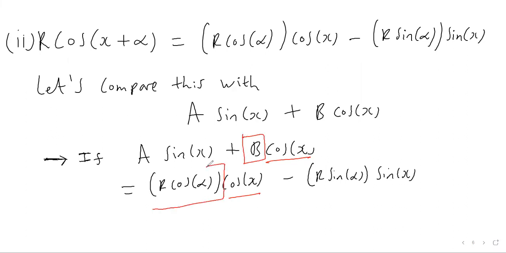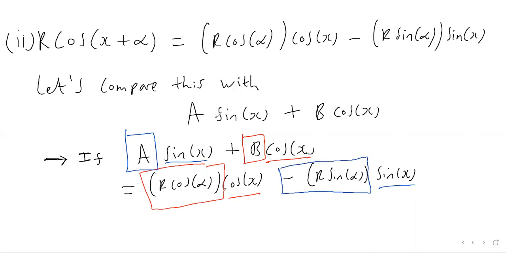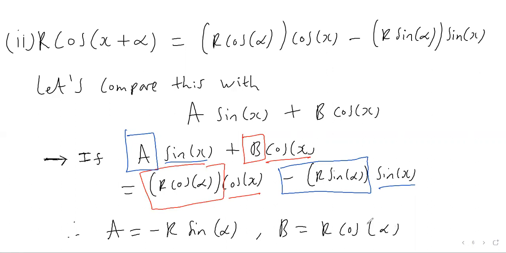So this b must be equal to this r cos alpha. And similarly, we've got a sine x there and a sine x there. So this a coefficient must be equal to the negative of r sine alpha. So by equating coefficients, a is equal to minus r sine alpha, and b is equal to r cos alpha.